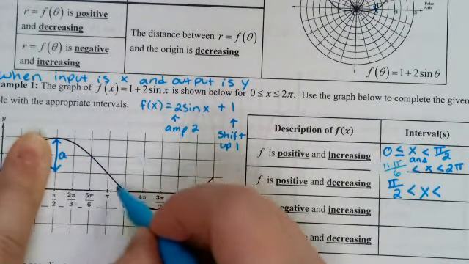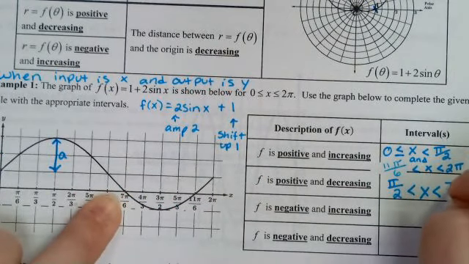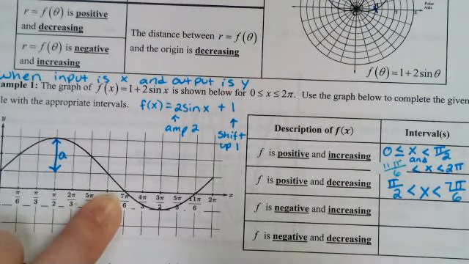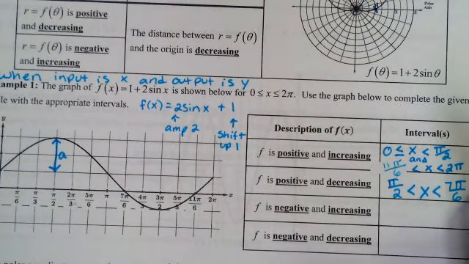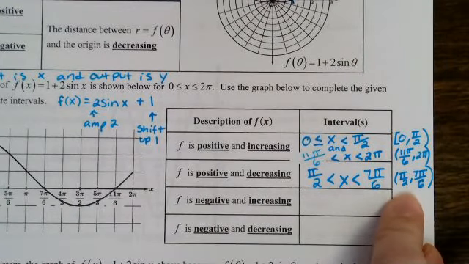And then it decreases and is positive until it hits 7 pi over 6. After 7 pi over 6, it becomes negative, so it's not going to fit in this category anymore. Okay, again, you could have done the other notation. AP does not mind, so if you're in AP and you're wondering which one's better, they're fine with either one. Okay, so your other notation would have been this interval notation like that.